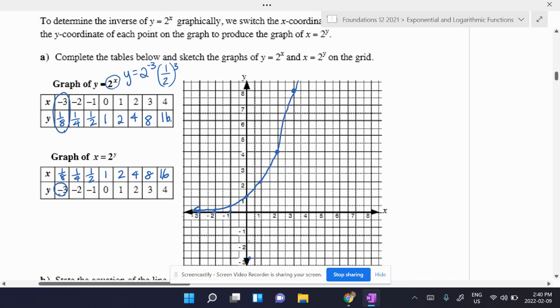And when y is equal to minus 2, x is equal to 1/4, 1/2, 1, y is equal to 1, x is equal to 2, y is equal to 2, x is equal to 4, 3, and 8. So let's give this a try.